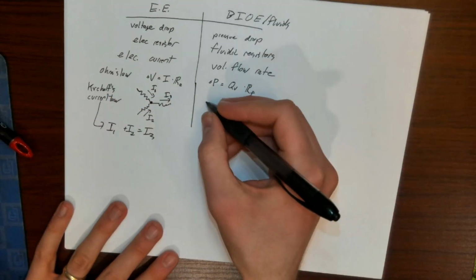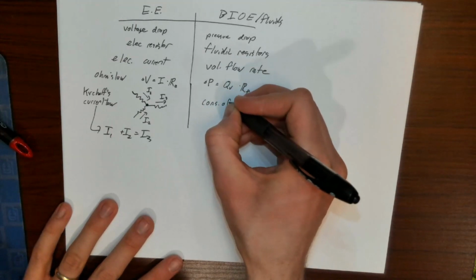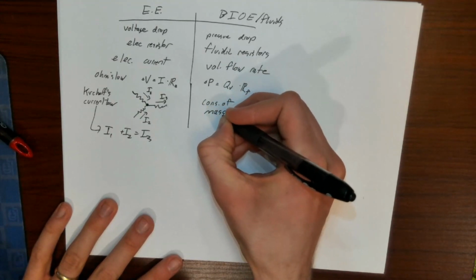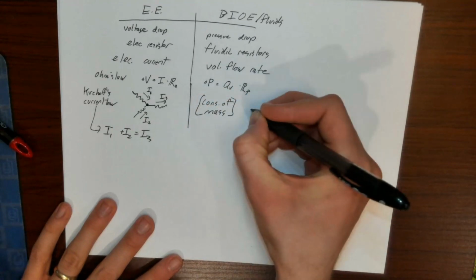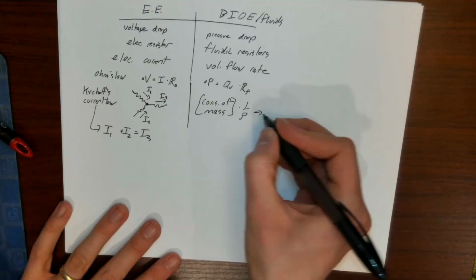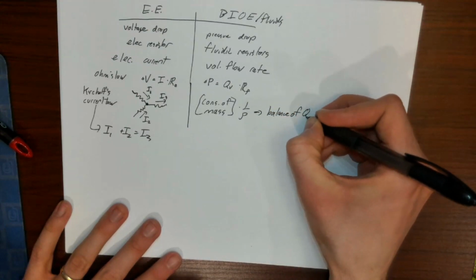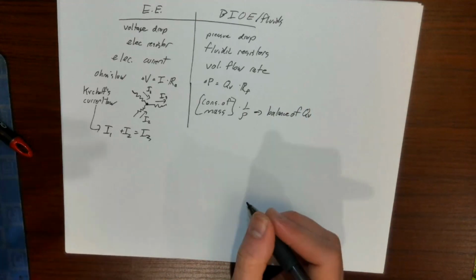And in bioengineering, the analogous term is conservation of mass, where we've basically taken conservation of mass and multiplied it by 1 over density, which essentially is a balance of volumetric flow rates in and out.